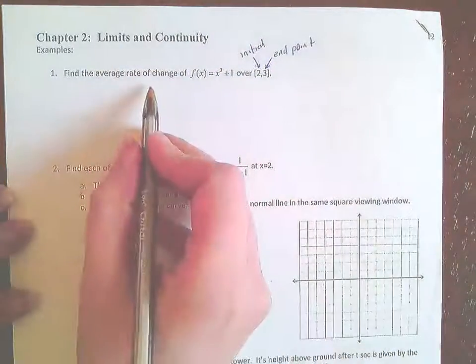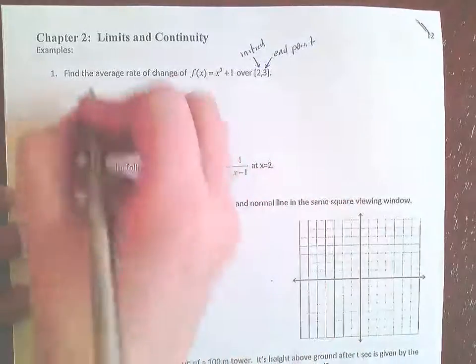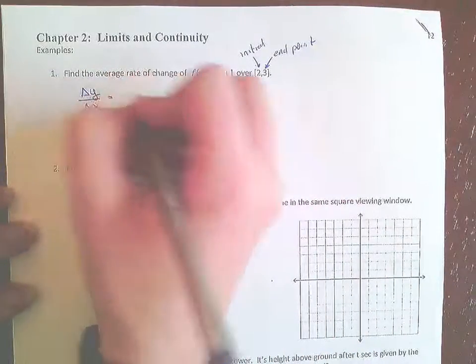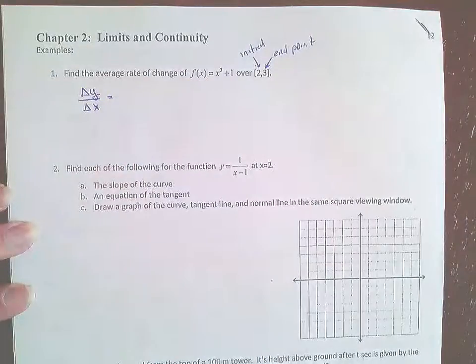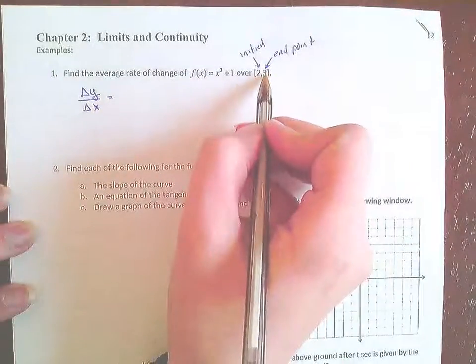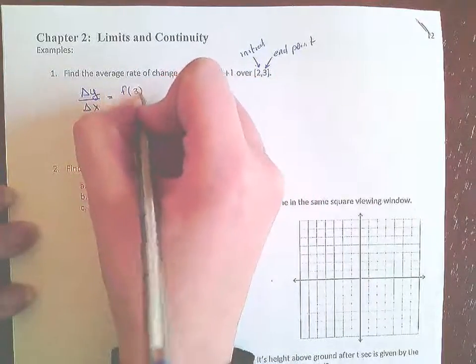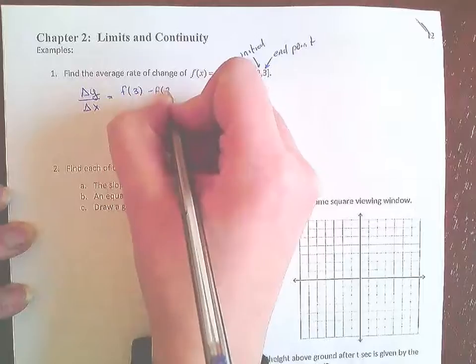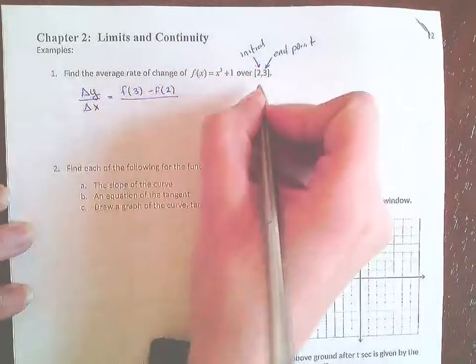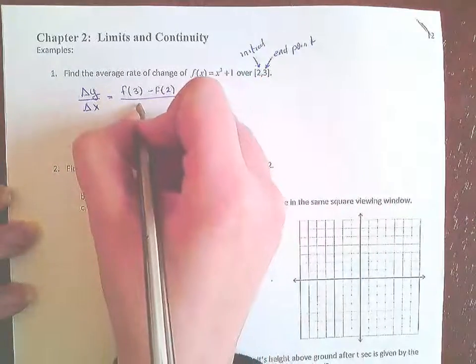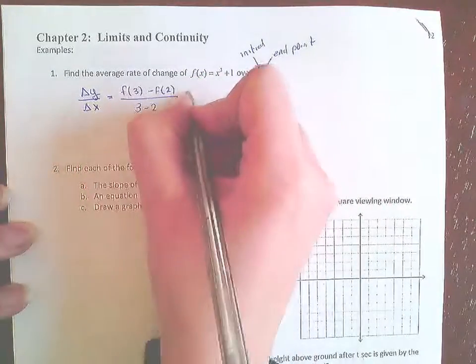So we want to find the rate of change. And remember, the rate of change is change of y over change of x. So change of y would mean that we'd have to plug in 3 and subtract it from the plugged in 2. So it's f of 3 minus f of 2. And then the change of x, these are the x values, so it's just going to be 3 minus 2.